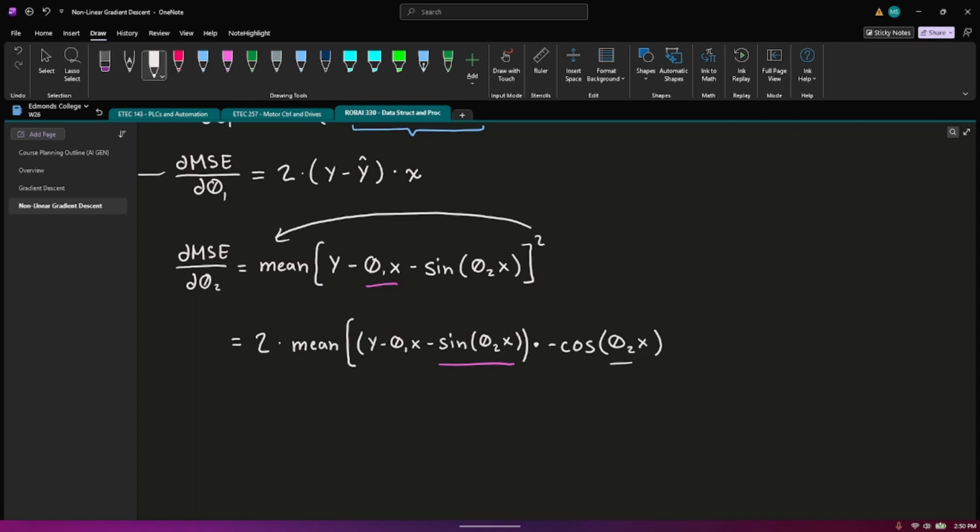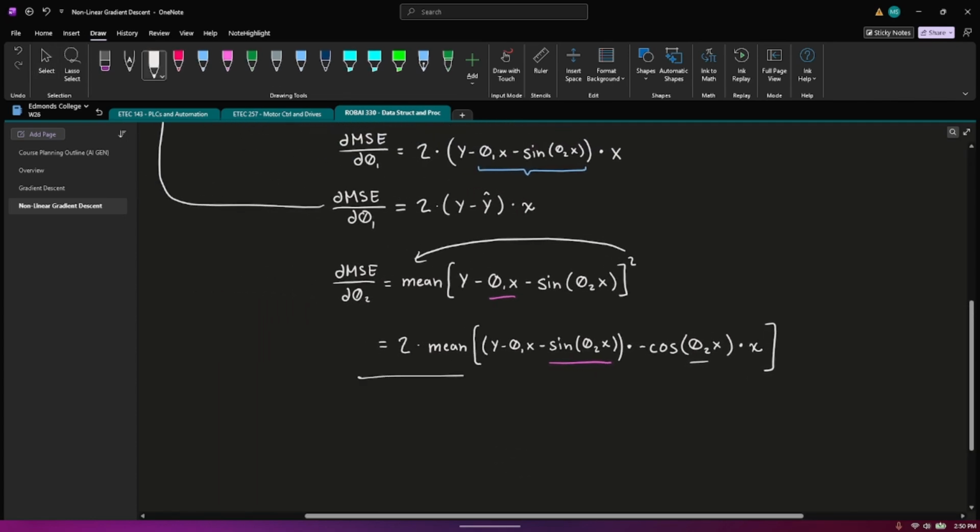If theta 2 is what we're taking the derivative with respect to, power down to the 1 less power, so 1 times theta 2 to the 0th power times x is that derivative. Well, that's just 1, so we just end up with an x. So times x. And I'll go ahead and close out my mean right here.